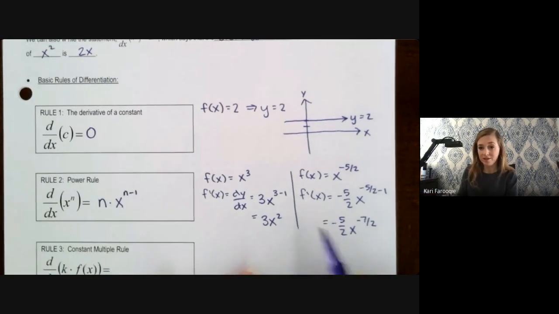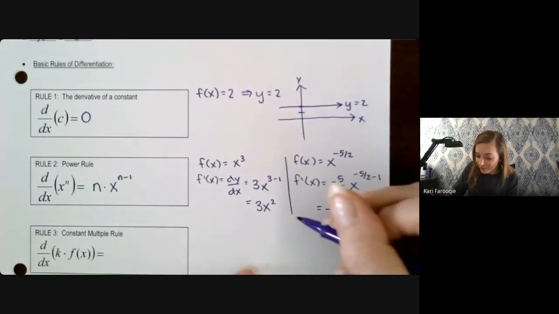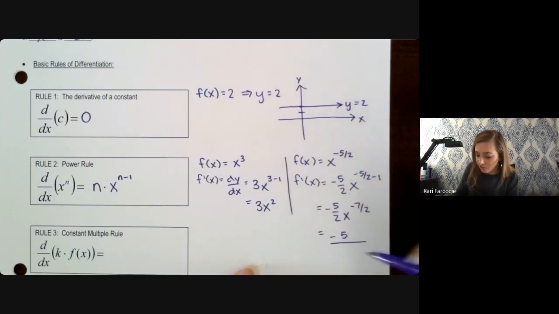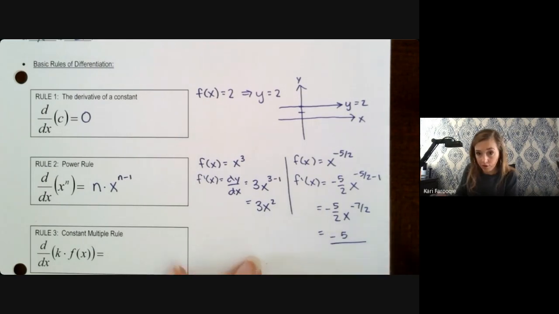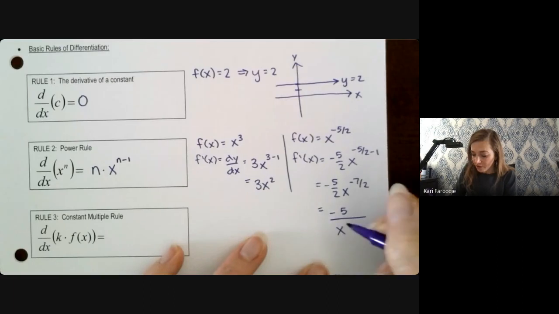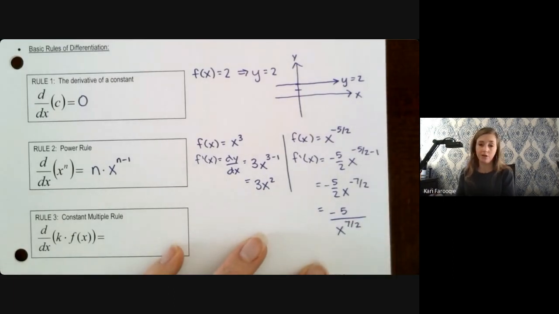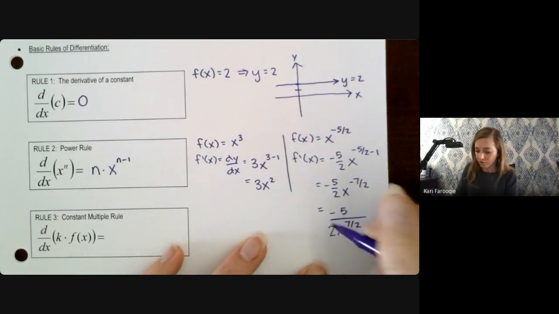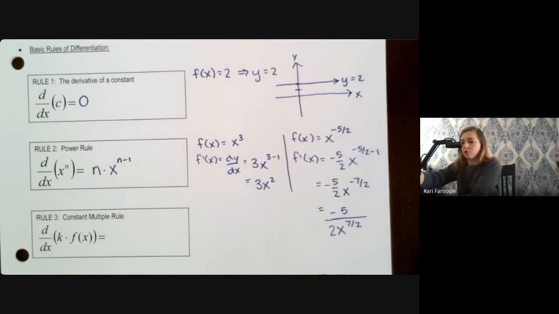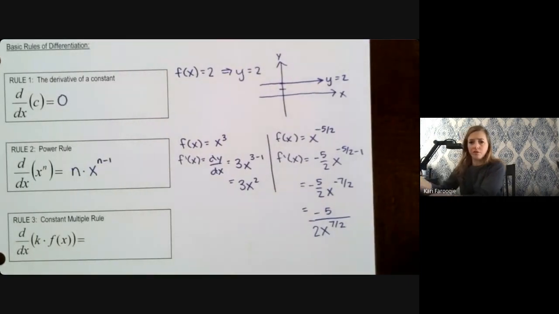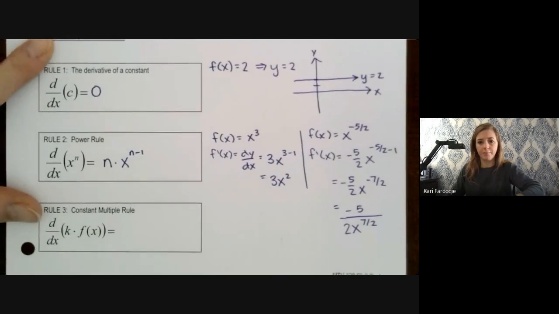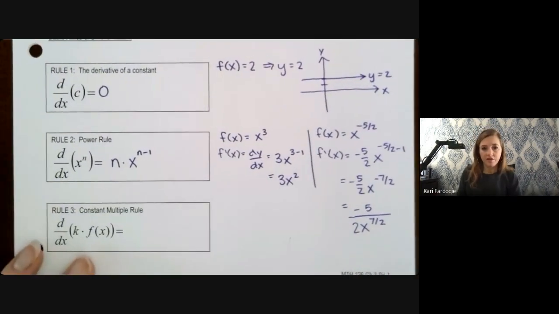Now, if you wanted to write this, side note, with a positive exponent, you could move the x into the denominator. I'm going to leave the 2 right where it is in the denominator. You would move the x into the denominator, and then you would make the exponent positive. Oh, I forgot to write the 2, sorry. So we're going to be working with rewriting all of these expressions, but I wanted to remind you of how to do that. All right, so that's the power rule.